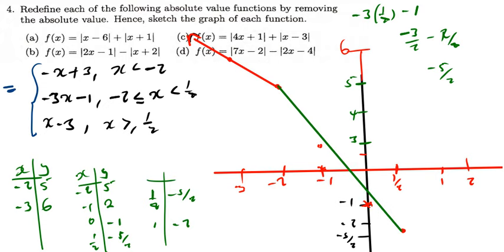Then another one will be half, which is again the same point, then 1 comma negative 2. 1 is there, negative 2 is here. So this one will also go in this direction. We go there, it goes like that. So you put again an arrow, showing that we don't know where the graph is ending.